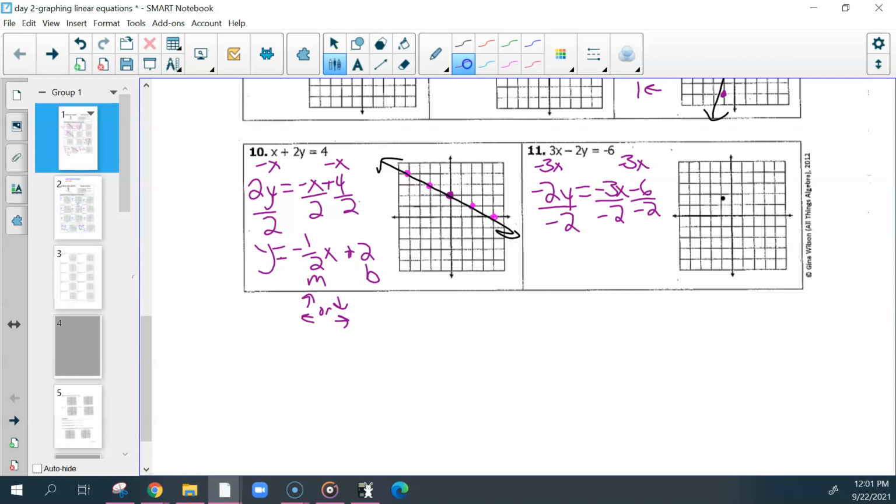Your signs are going to change when you divide by this negative. You're going to get y equals positive 3 over 2 x plus 3. Your 3 is your y-intercept, and 3 over 2 is your slope.